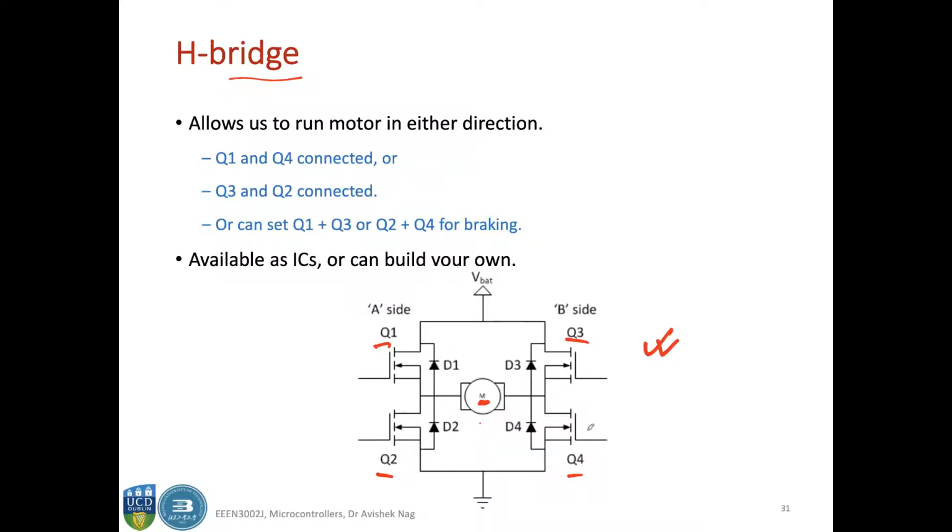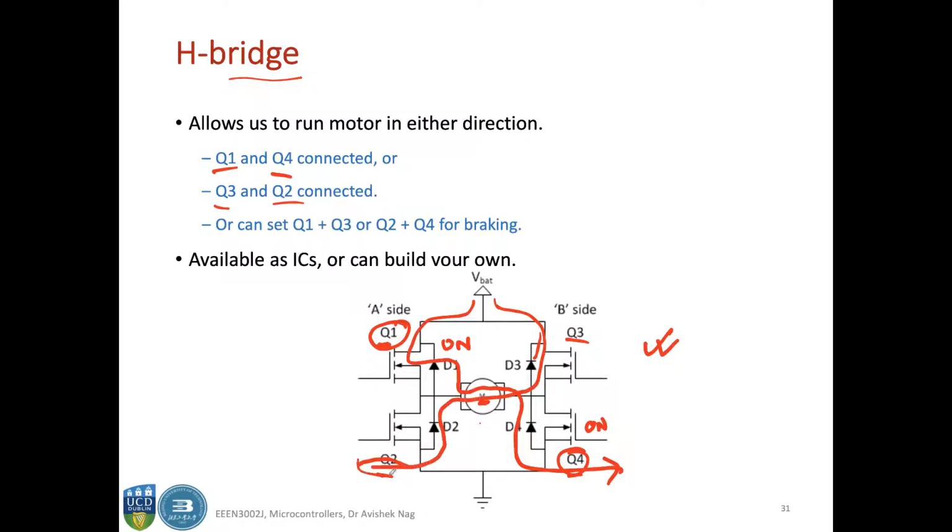Okay, so if Q1 and Q4 are connected, then basically you have a circuit or a direction of a current like this. Okay, because these two are connected, these two are behaving like an on switch, so you have a current direction like this. And if Q3 and Q2 are connected, then you have a current direction in this direction.